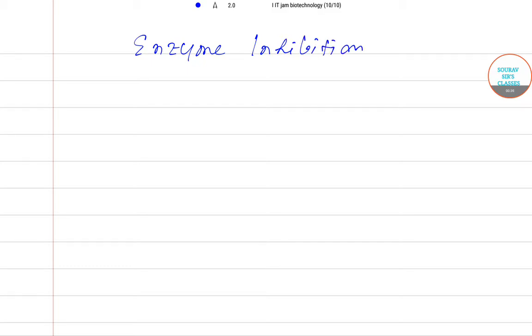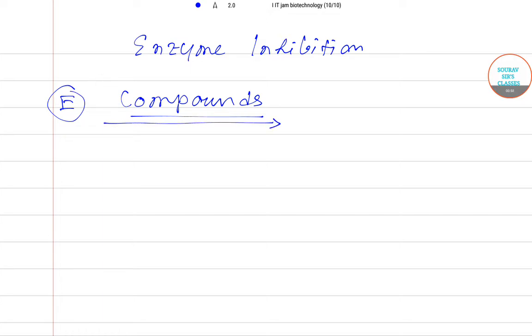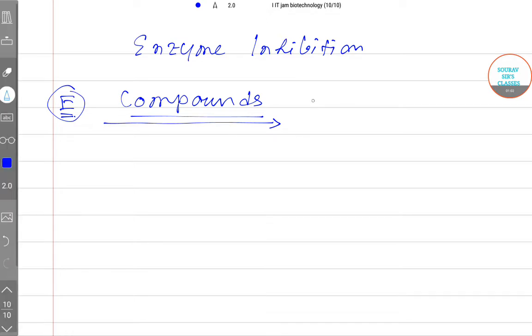Enzyme inhibition involves compounds that convert enzymes. There is an enzyme and there are some compounds, and these are converting this active enzyme to an inactive substance.